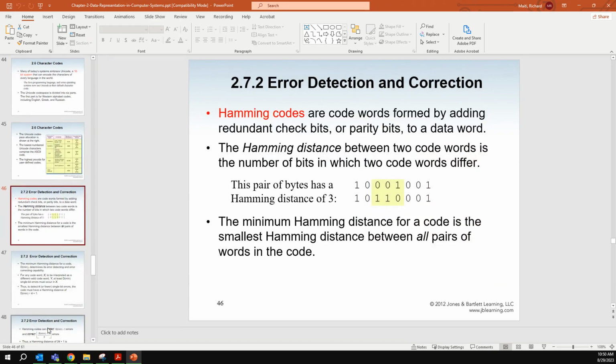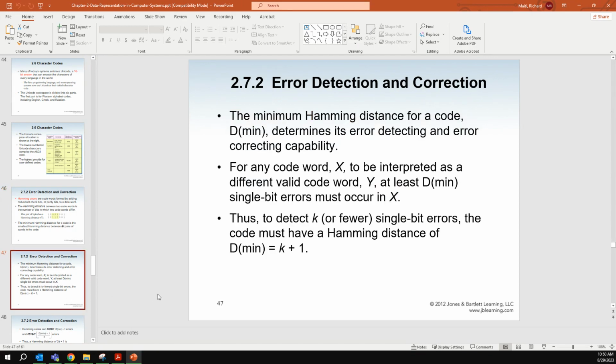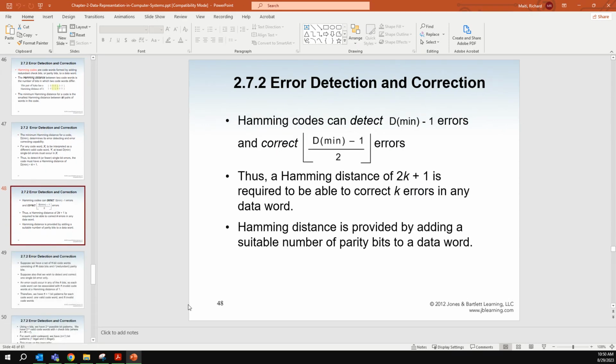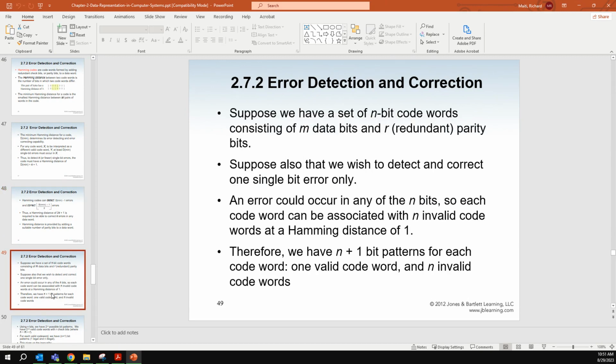Error detection. Hamming codes are code words formed by adding redundant check bits or parity bits to data words. It goes more into that here as well. Here it gives an example.